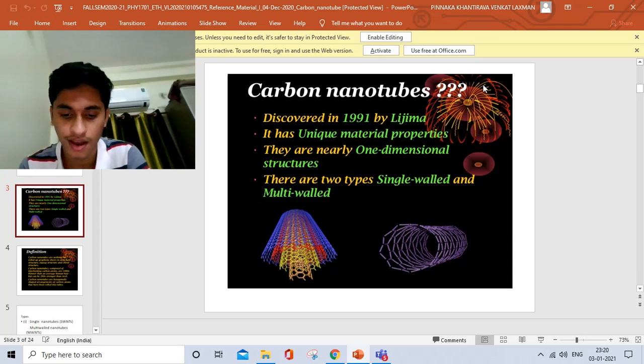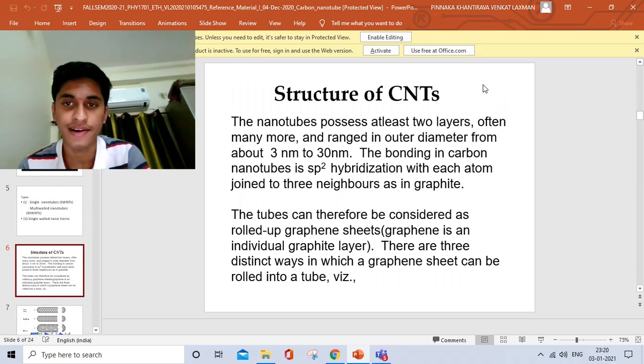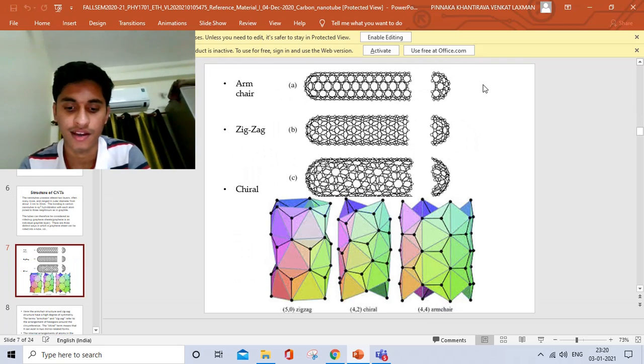So far we have seen what we mean by carbon nanotube and that carbon nanotubes are divided broadly into two types. Coming to the structure of carbon nanotubes, they possess at least two layers, often many more, and range in outermost diameter from about 3 nanometers to 30 nanometers.